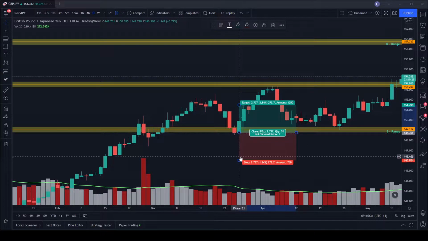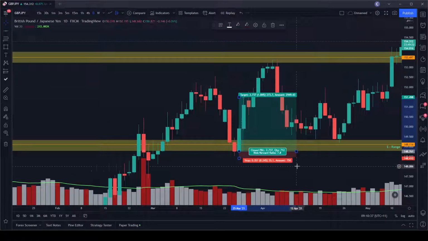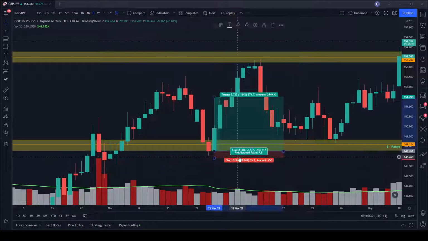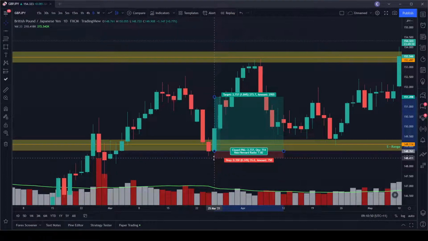If I go to the open there, below here, it's not bad. 35 pips. I know 100 pips on one lot, depending on the currency pair, is about $1,000 from memory. So 35 is about $350. So it's about $10 per pip on one lot. So $350 risk there, right?